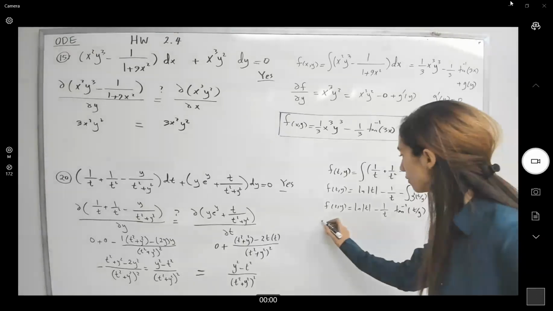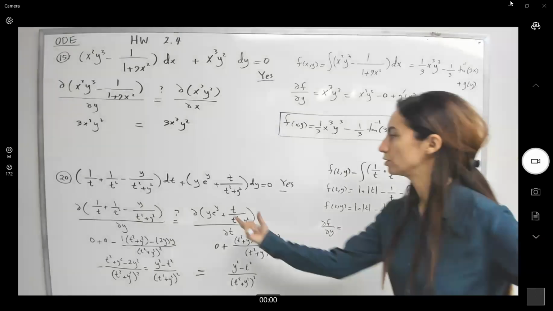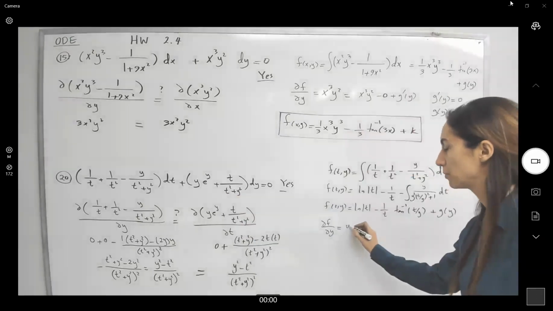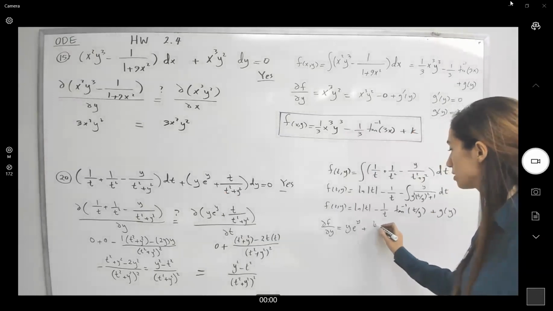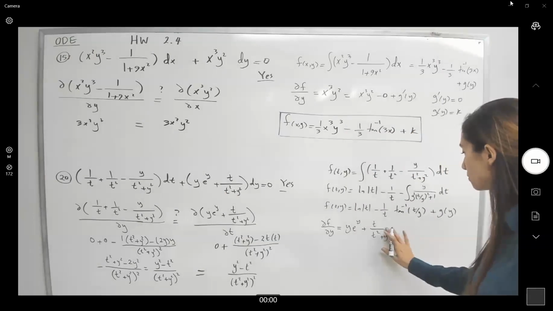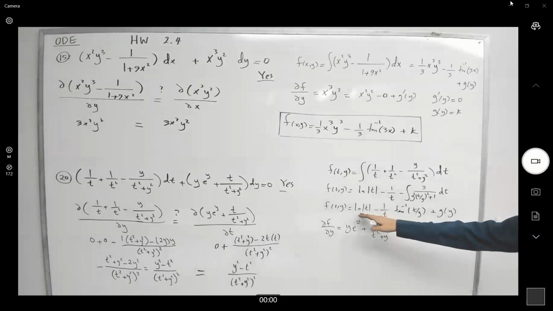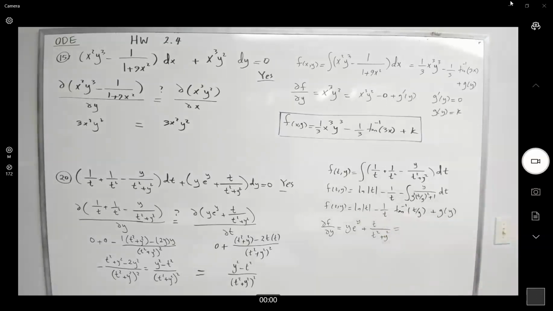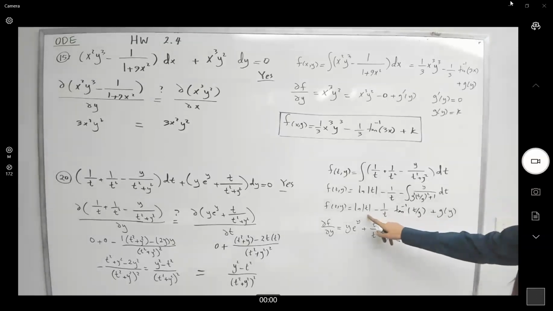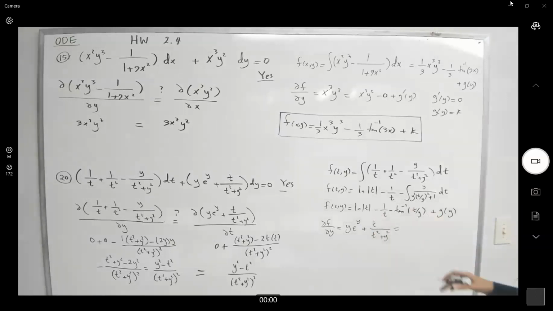Now, the partial derivative of f with respect to y must equal your N, which is y e to y plus t divided by t squared plus y squared, which now equals, taking the derivative of this with respect to y: this is going to be 0, and here you have a minus sign. This is going to be 0 again, and here you have the inverse tangent of t divided by y.